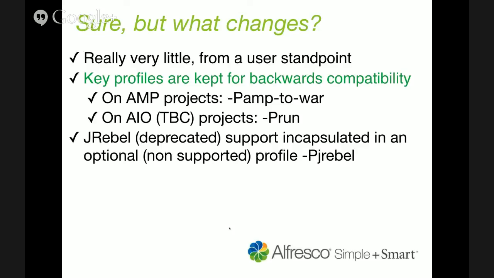So for AMP projects, you will have this profile, which is amp2r, which basically does all the magic that you require for rapid development. And for the all-in-one project that we still have to complete, we'll have the usual -Prun profile that will, again, run everything embedded and allow you rapid development features.